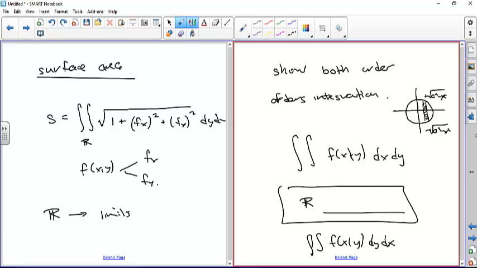Now, if I were to change the order of integration, then I'd have a horizontal rectangle. And so for the red case, the upper curve, which would be this one, would be plus the square root of a squared minus y squared, and then this one down here would be negative the square root of a squared minus y squared.